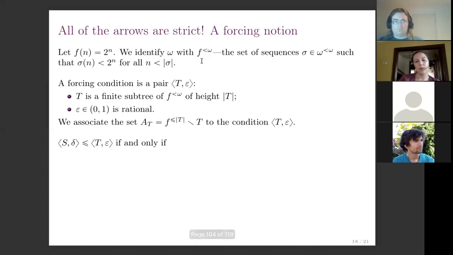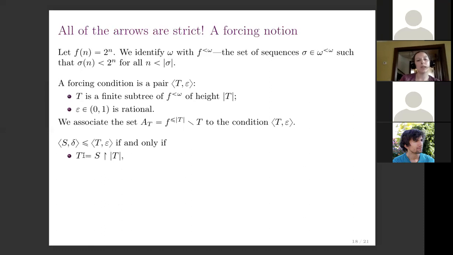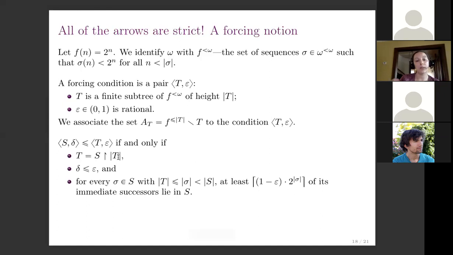So if you have two such conditions, we'll say that S, delta is stronger than T, epsilon if and only if S extends T, so up to height T, it's exactly the same, and then maybe it grows a little bit further. Delta has to be less than or equal to epsilon, so the rational is shrinking. And we have a restriction here.